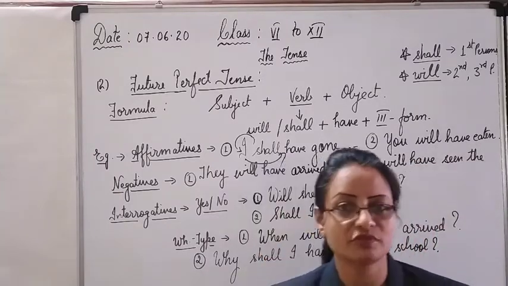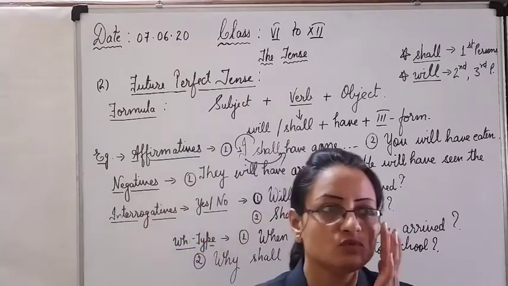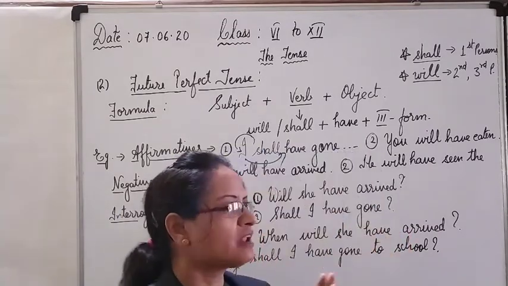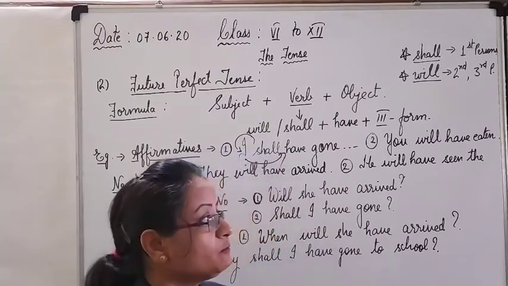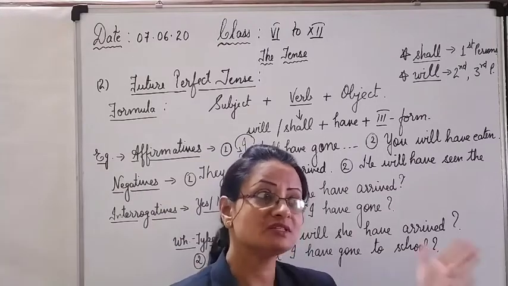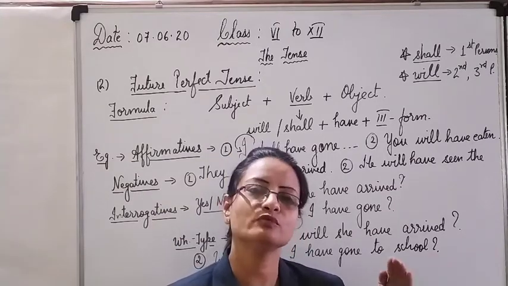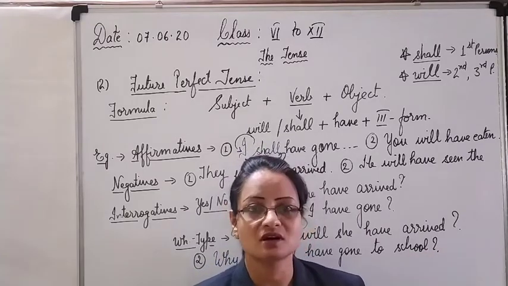Now when to use this future perfect tense in daily life? You have to remember that perfect means that action has been completed by some time. As we have seen in the present perfect, that action is completed recently, a few minutes or hours ago, so we use has, have plus third form.